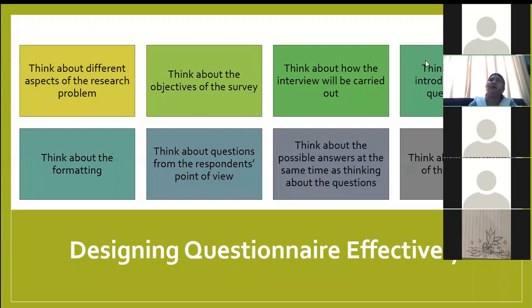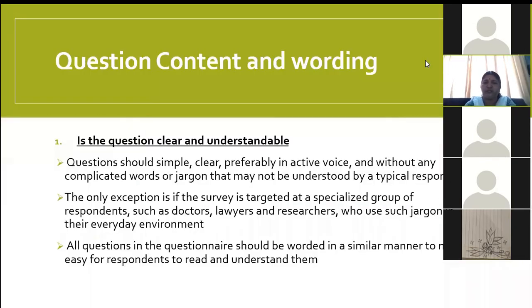So while drafting the questions, you have to understand the background of the respondents, how they will be able to understand the questions, that you have to think about. Then think about the order of questions also. All these are very important for designing the questionnaire effectively.